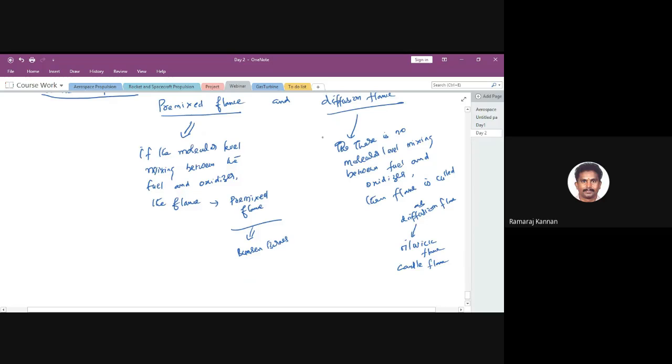What do you mean by premix flame? What do you mean by diffusion flame? For example, if I have a flame tube, and a fuel air mixture passes through it, your flame is going to form.